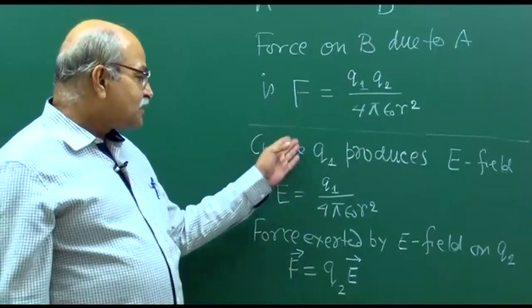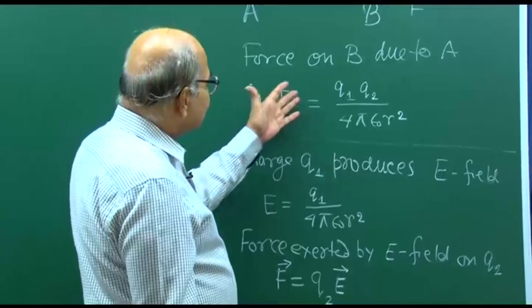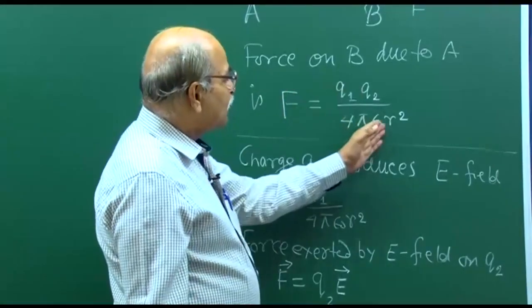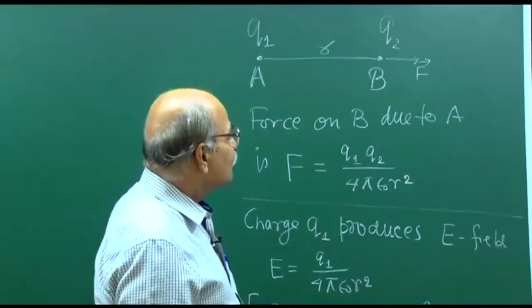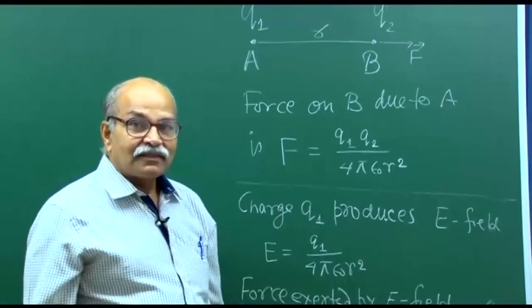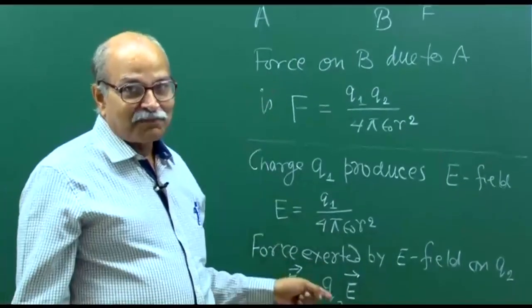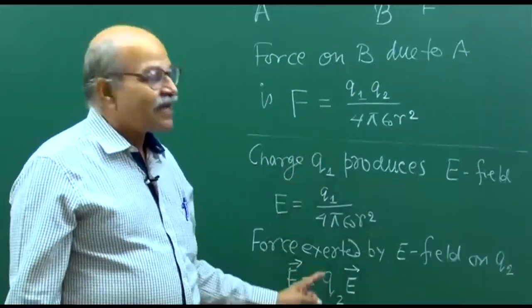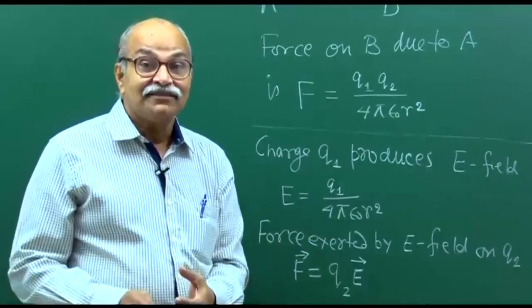So, why go through this tedious process when I could have said that fine, the force is given by Q1 Q2 by 4 pi epsilon naught r square, and Q1 is exerting force on Q2. I still emphasize that it is a two-step process and one must understand this, because electric field is a real entity.